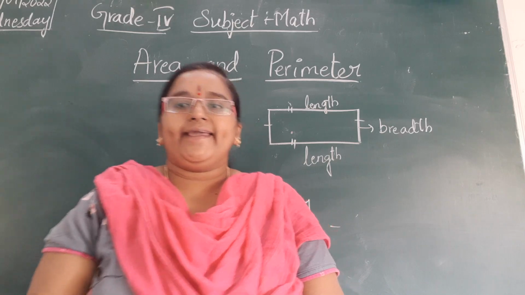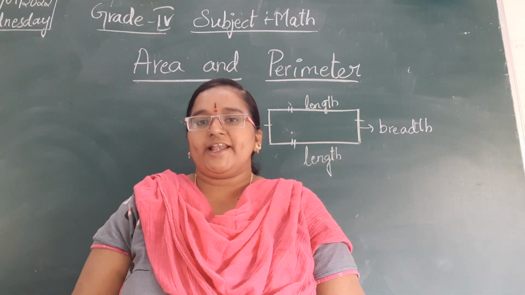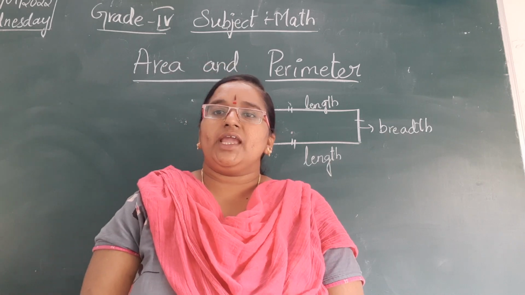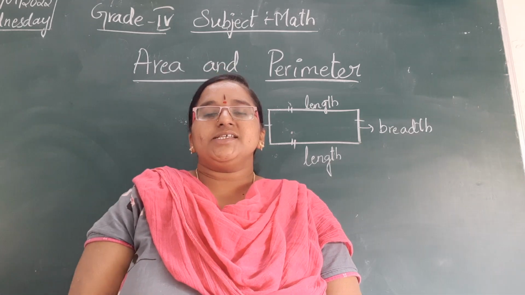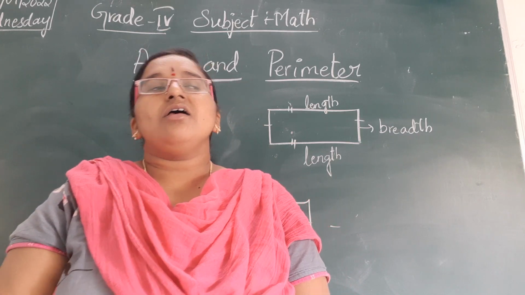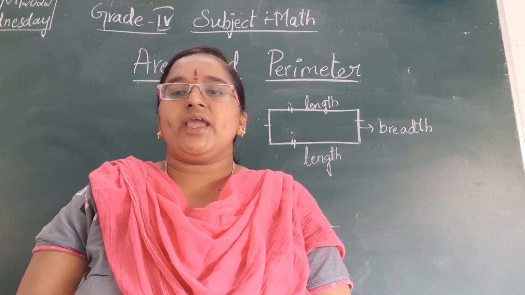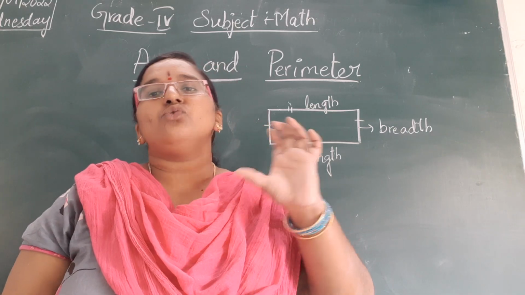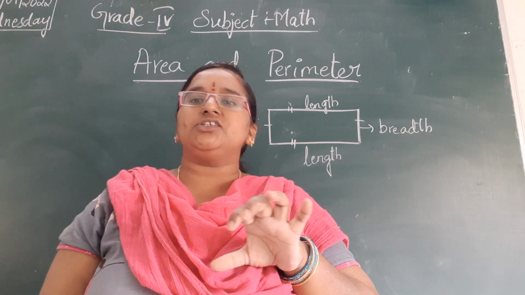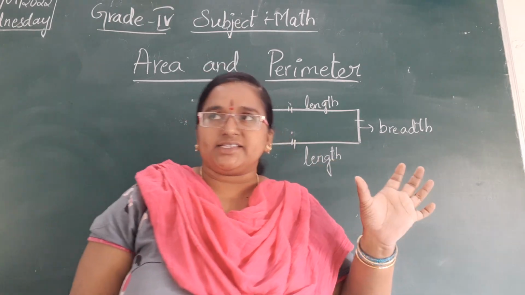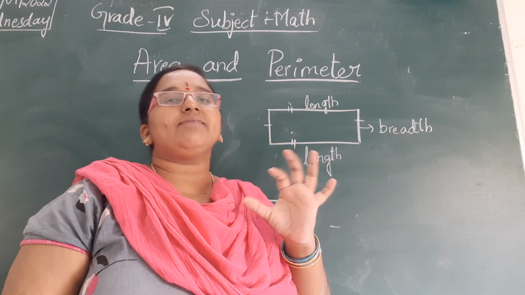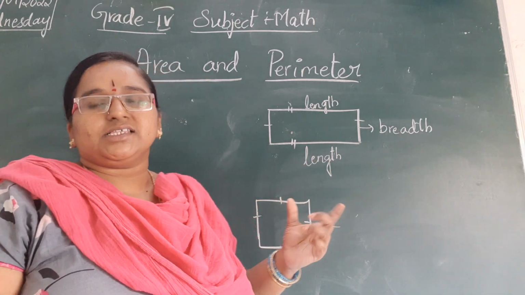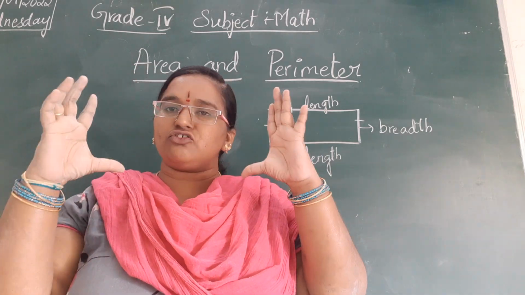Okay children, again I will give a brief introduction of this chapter. The chapter name is area and perimeter. We will learn about shapes such as square and rectangle. The area will change from size to size and the perimeter will also change from size to size. A square will not be of a constant size; it can increase from small to a big square.